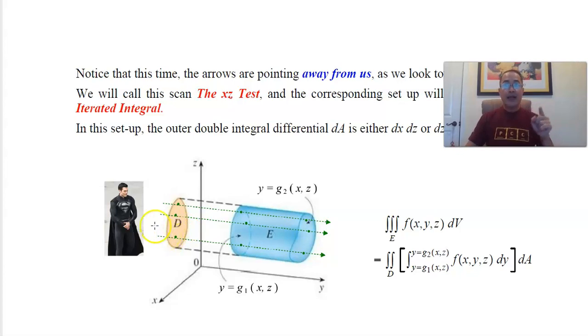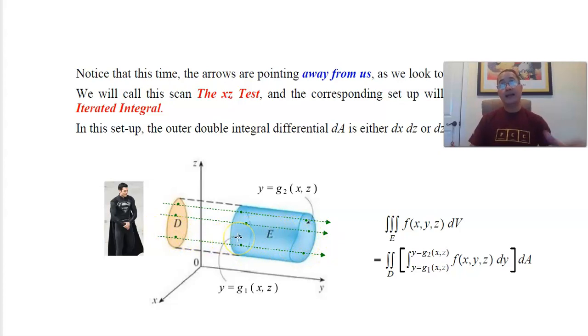Okay, and this time the arrows are going away from you, so you are the one shooting the arrows from the left side. The arrows enter the xz plane at a domain, the common side view of the solid.